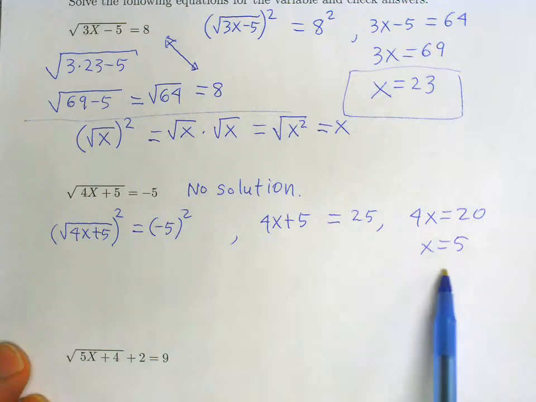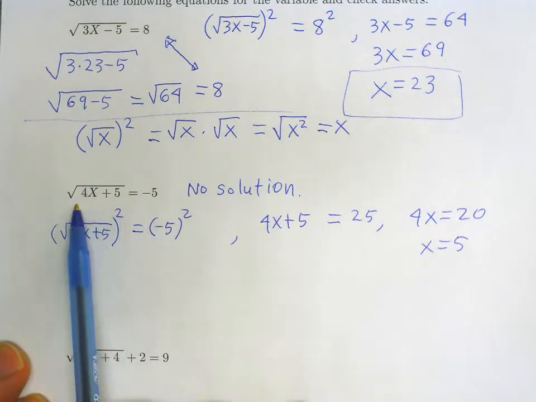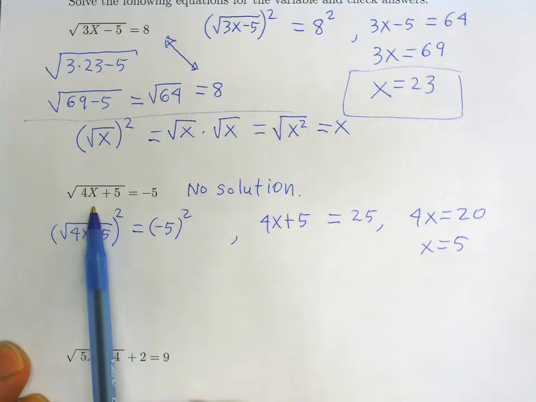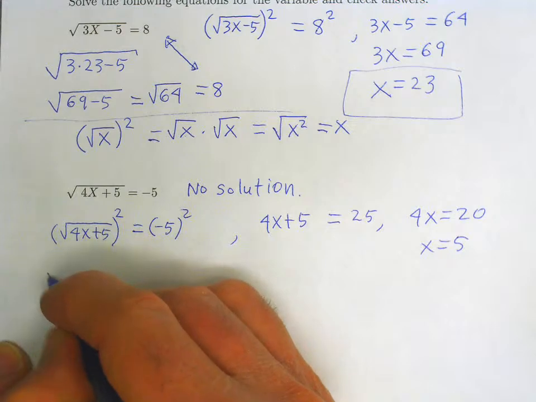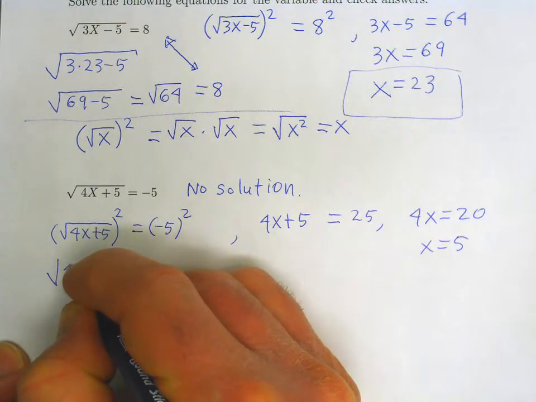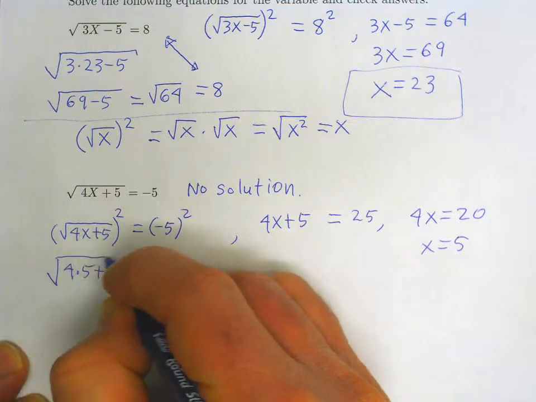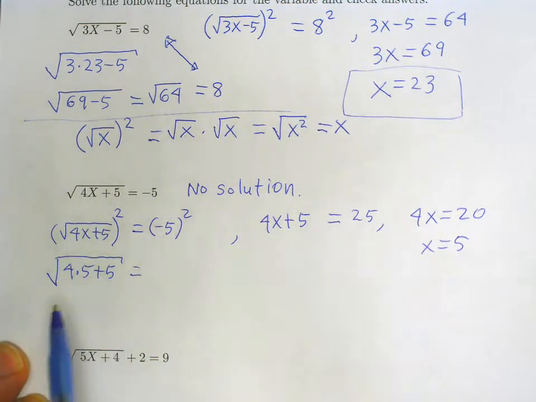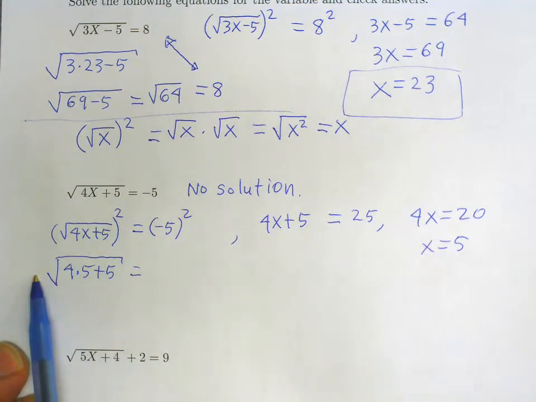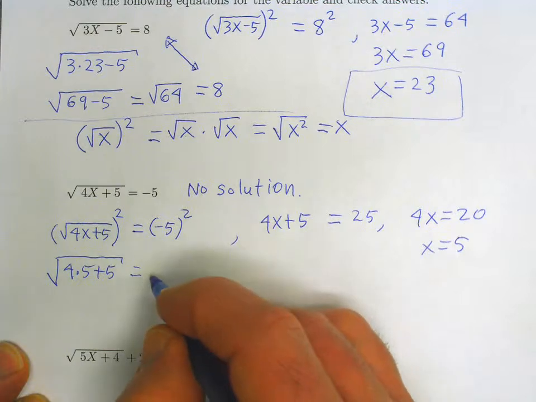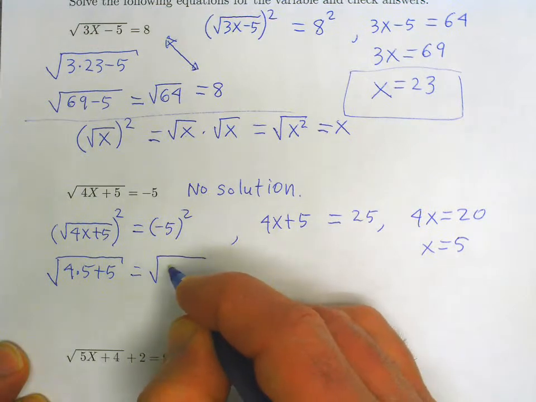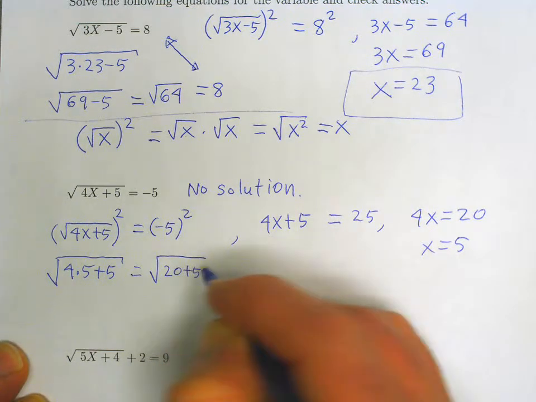Okay, and then when we check the answer in the original equation, replace x with 5, so we get the square root of 4 times 5 plus 5. But don't forget, this is a positive square root. So this is the square root of 20 plus 5, the positive square root.